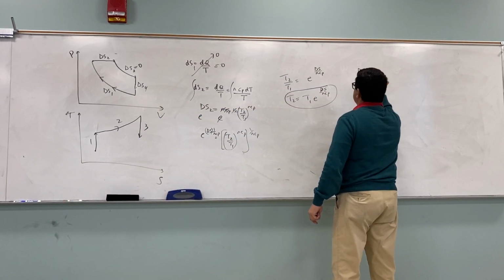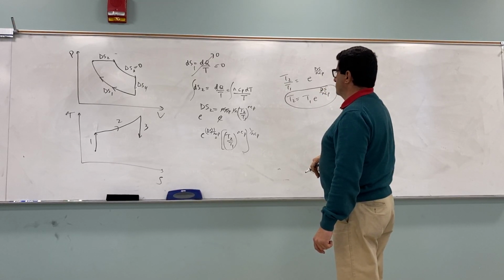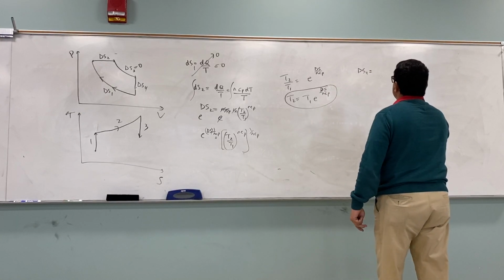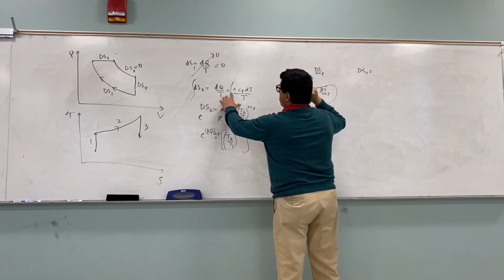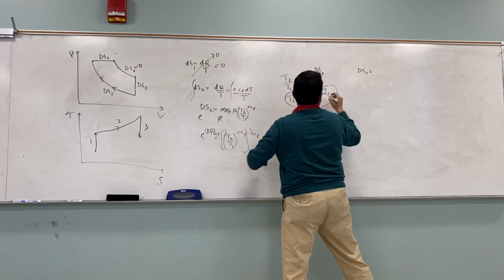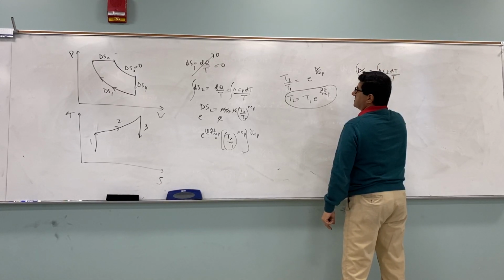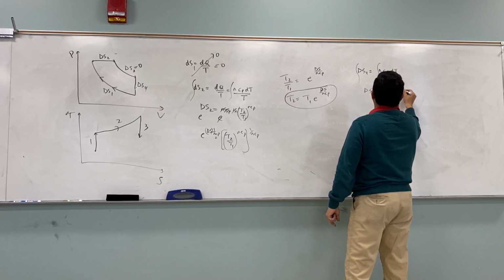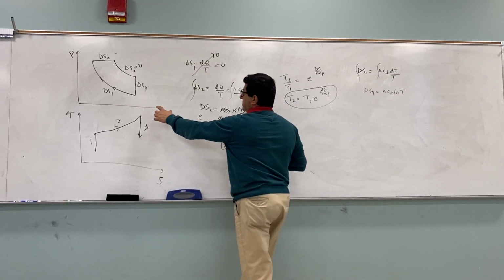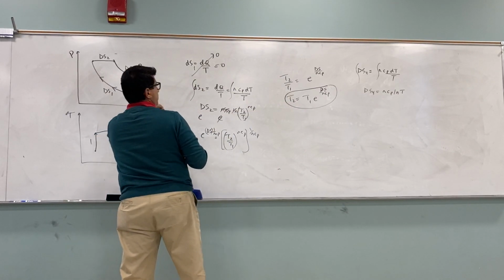Delta S4 is going to be N Cv delta T over T. So then integrate: delta S is N Cv ln of T1 over T4.